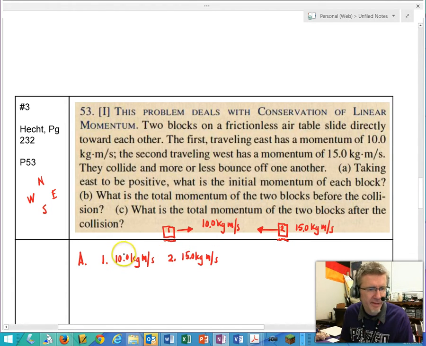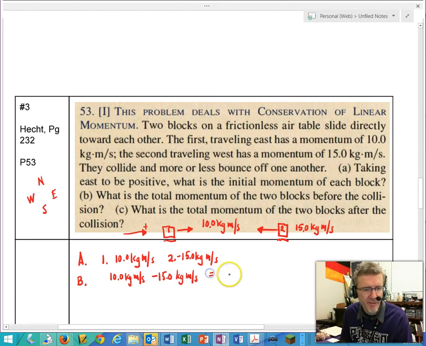We reckon this way as positive, so we'd actually say that block 2 is minus 15 kilogram meters per second. That means B, the total momentum of the blocks, is the sum of the two, 10 minus 15.0, which equals minus 5 kilogram meters per second. Let's put a square around these answers. So that's the total momentum of the 2 blocks before collision.